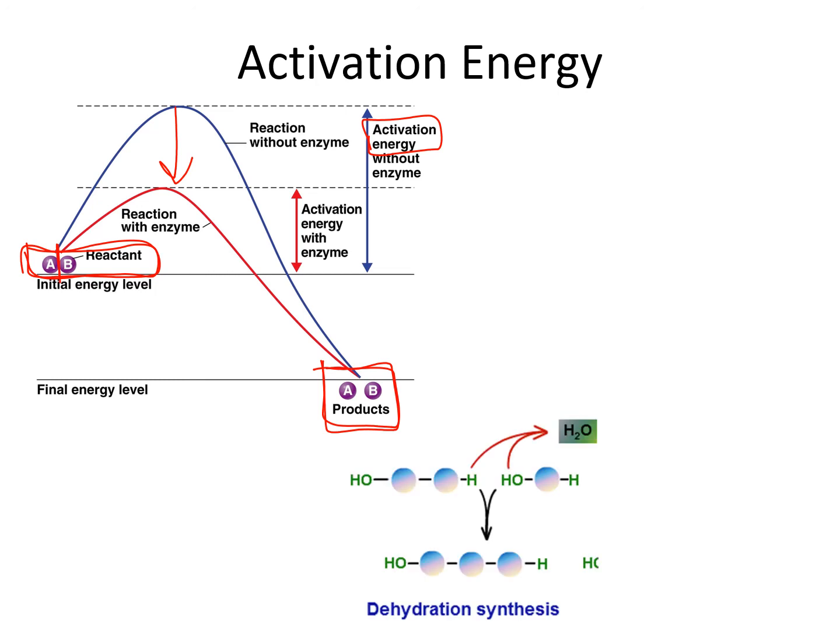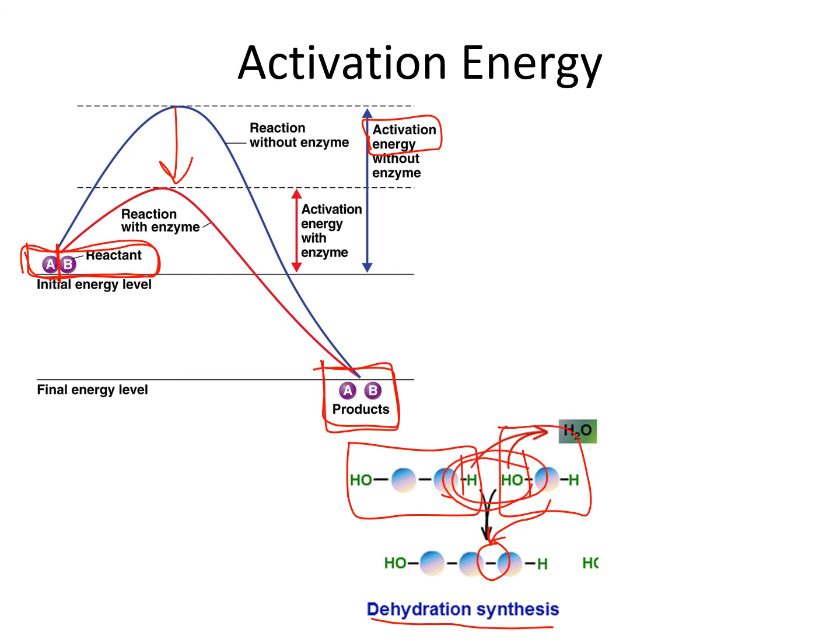So that was a catalytic reaction. If this is a dehydration synthesis reaction, there is still a need for covalent bonds to be broken. So these covalent bonds need to be broken so that this subunit can then be linked by forming a new covalent bond between that subunit also. And also what enzymes are going to do is they will hold the two subunits in the correct orientation to facilitate this linking.